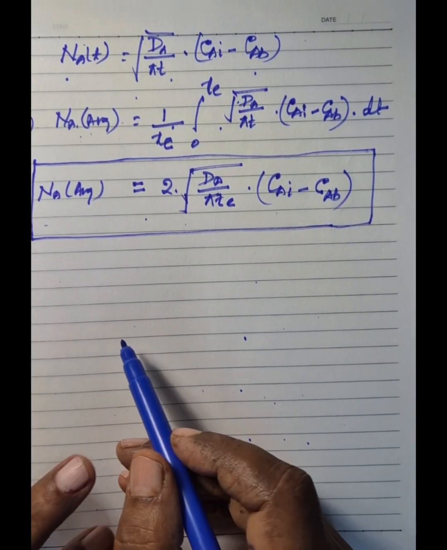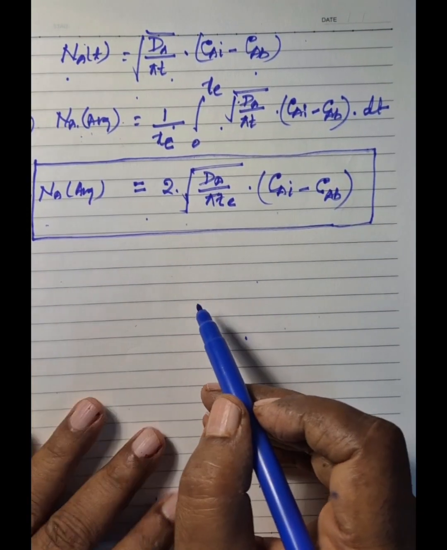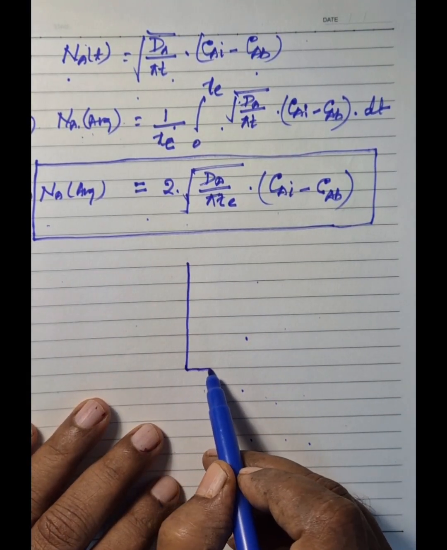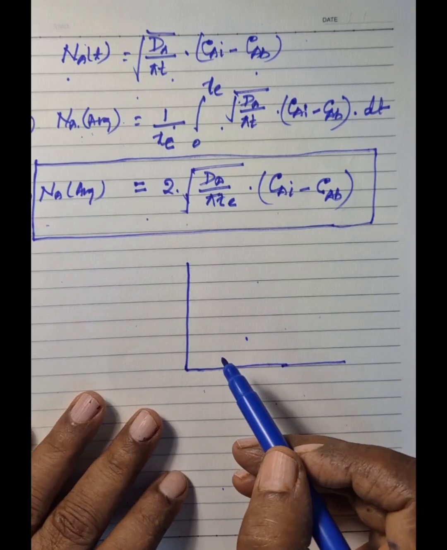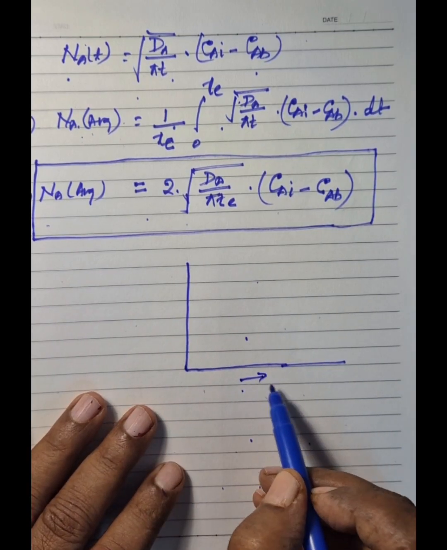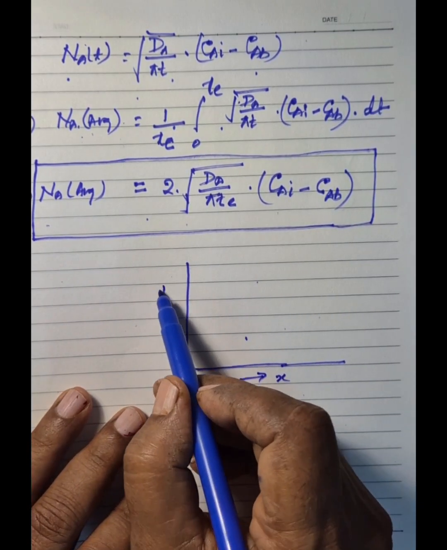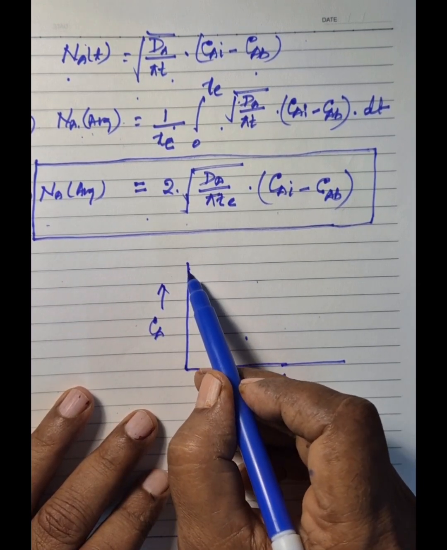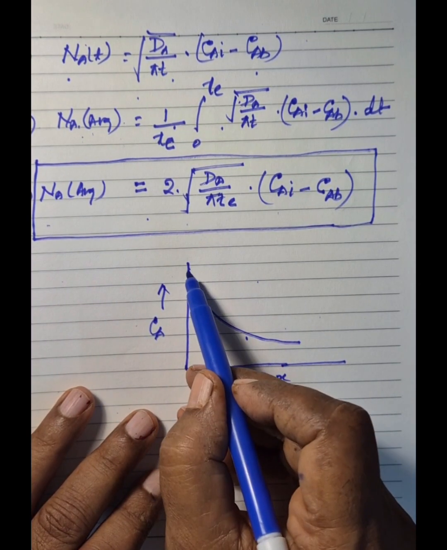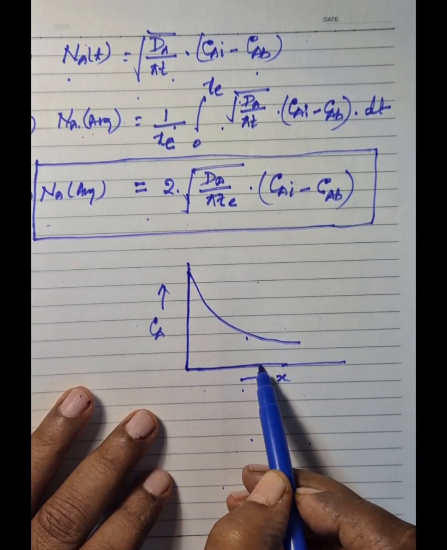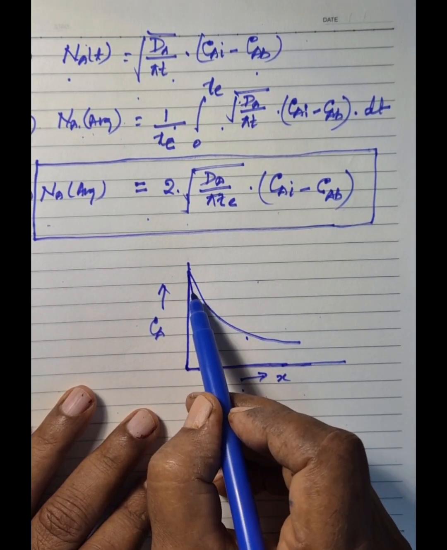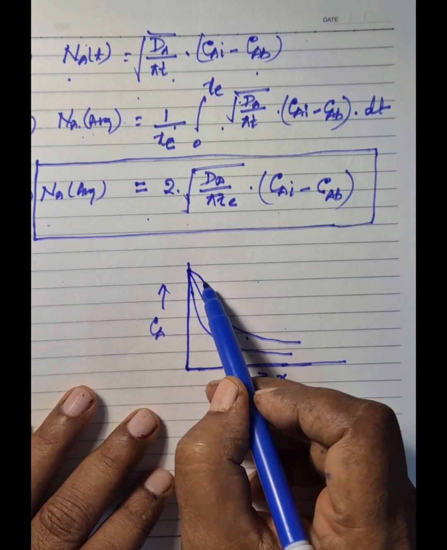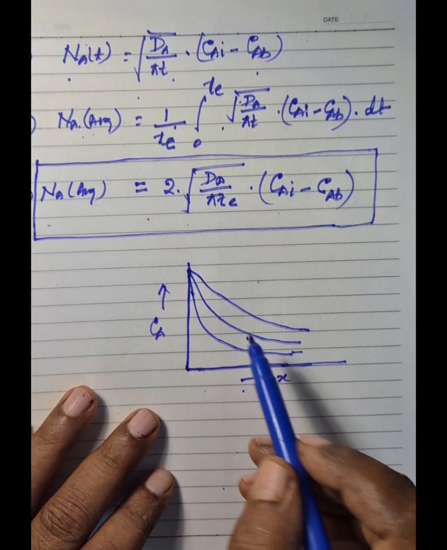And if concentration versus distance at various times is plotted, this is x and this is CAI. So we get the first one at t equal to 0, this is at a smaller time, and this is at a bigger time.